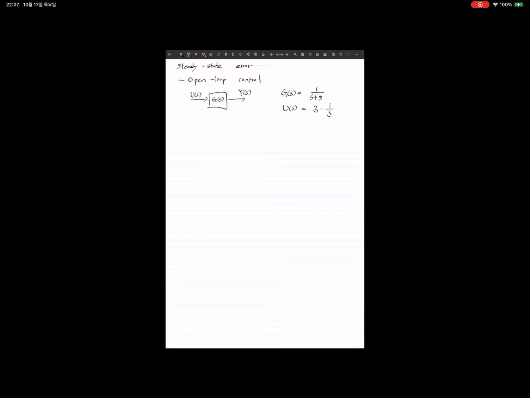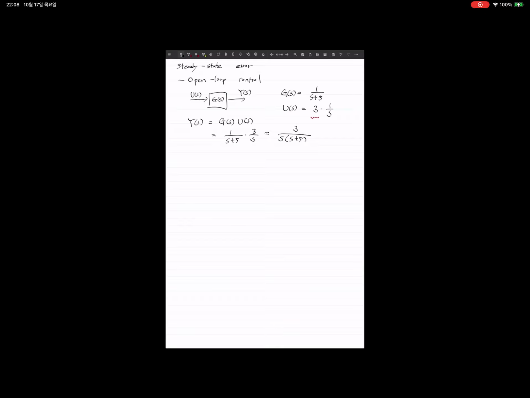So the desired value for output is 3 in this case. Let's look at the output Y of s, which is the transfer function times input U of s. Then this is 1 over s plus 5 times 3 over s, so 3 over s times s plus 5.